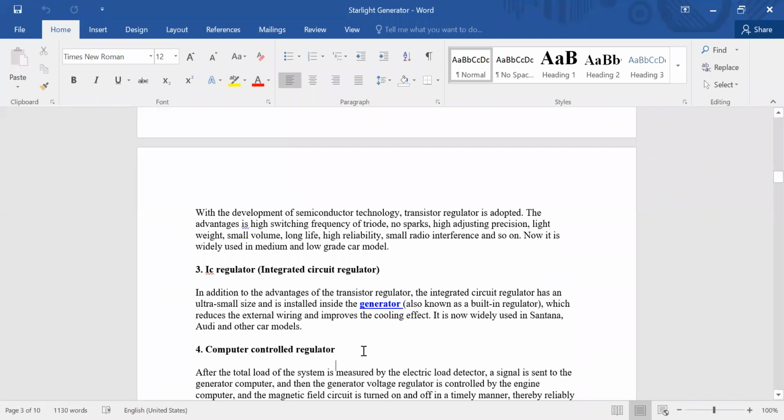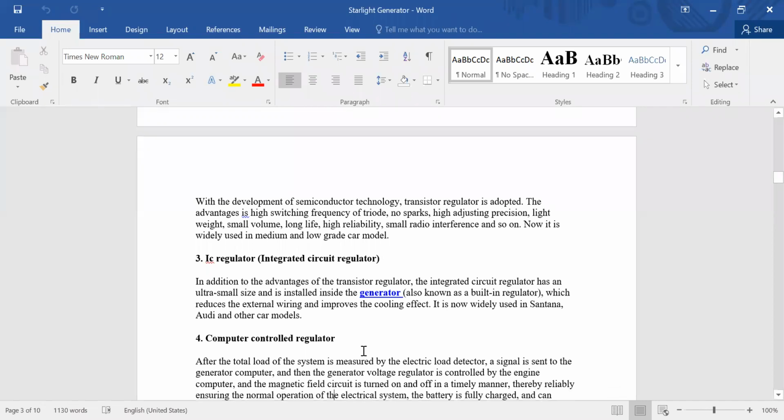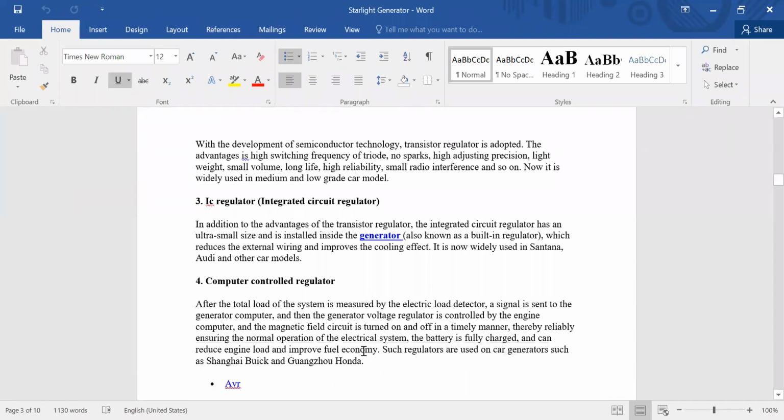Then the computer controlled regulator. The total load of the system is measured by an electric load detector. We give a signal and send it to the generator computer, and the generator voltage regulator is controlled by the engine computer.